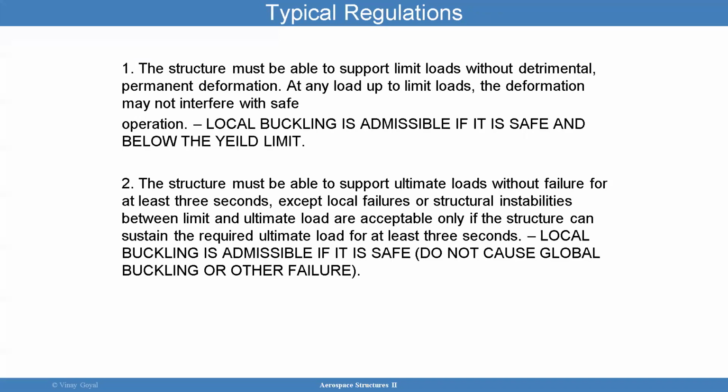So a third typical regulation you're going to see is that when you apply a loading to a structure, a pressure vessel, for example, you don't apply the factor of safety on the loads that cause the structure to be more stable. For example, pressure helps buckling not to occur, right? That makes sense.